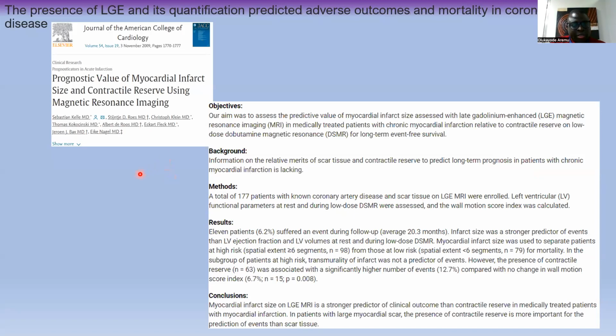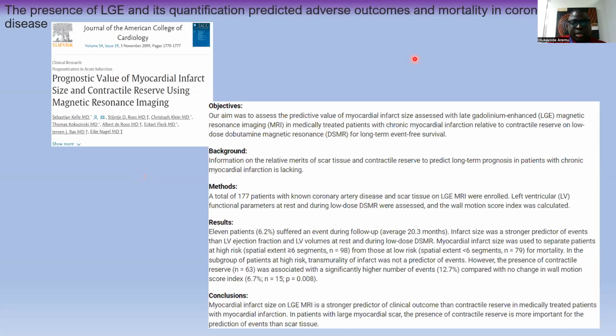And what they did is that they recruited about 177 patients with known CAD and scar tissue on MRI. And they looked at their left ventricular functional parameters at rest and during low-dose dopamine MRI. And then they also assessed the wall motion.